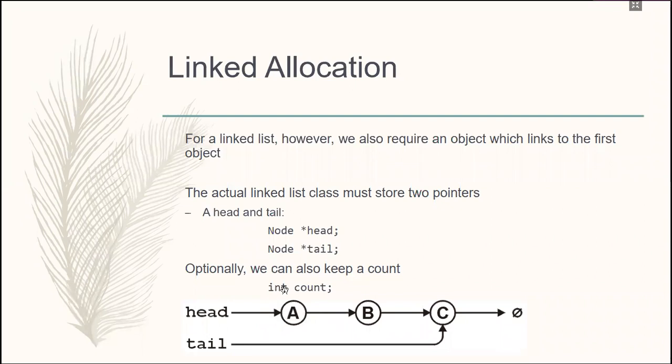You can also keep a count, it's optional. As soon as you add nodes or values to the list, the list will automatically increase. You don't have to change the size of the list every time. It will do that for you automatically.